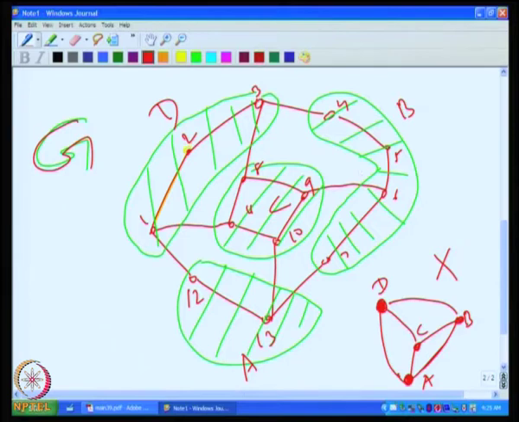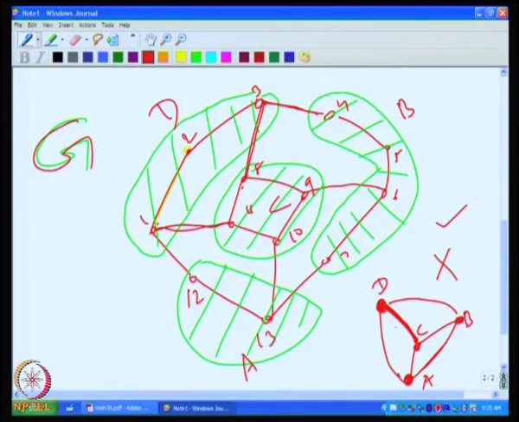For instance, here there is connectivity, here there is connectivity, here there is connectivity, here there is connectivity. And whenever there is an edge between these two, there is an edge between the corresponding sets, between C and D. C is this, D is this. There are some edges between them, not necessarily one, at least one is what we are saying. So this is what it is.